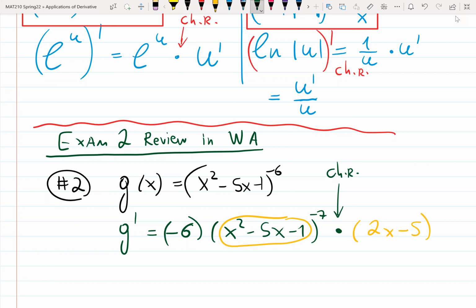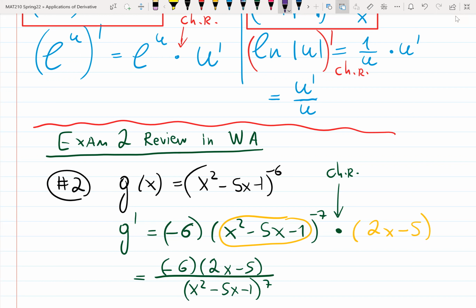If it's rewritten as a fraction, then it might look like so: minus 6, 2x minus 5 at the top, x squared minus 5x minus 1 to the 7, positive 7, because it was lowered to the denominator. Can you do that? So that's definitely something to practice. Now, number 8. What is number 8?